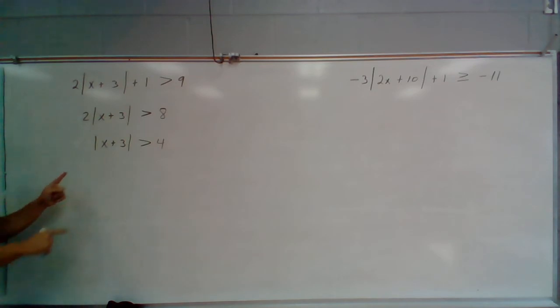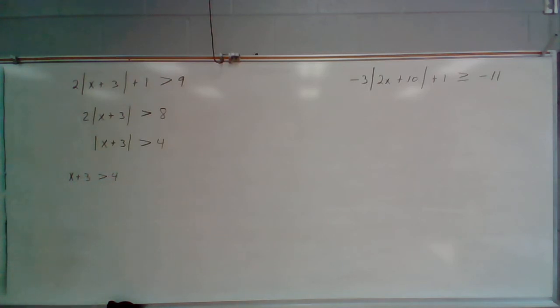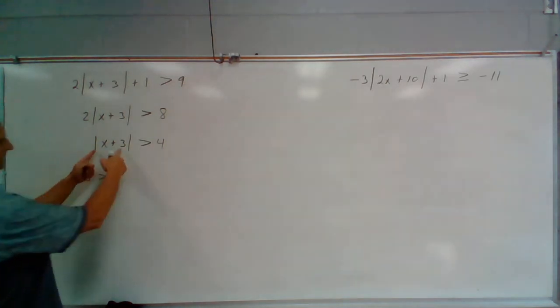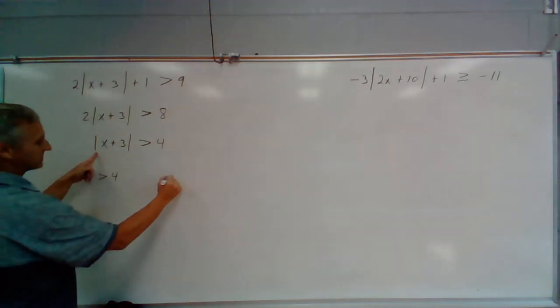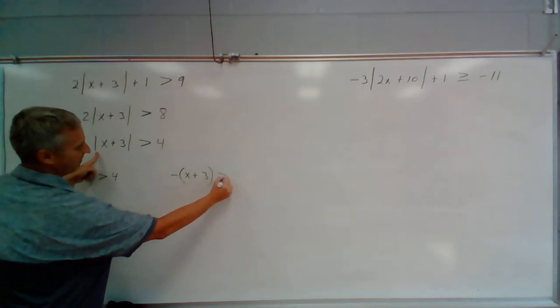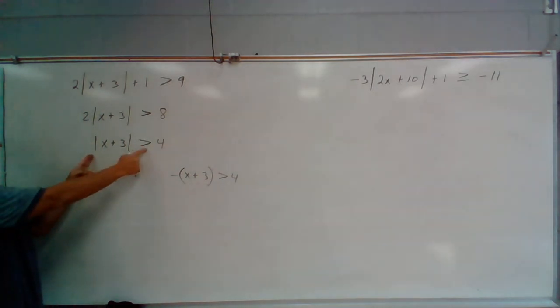All right, two possibilities. Either x plus 3 is positive, in which case it stays the same. Or the other possibility is that x plus 3 is negative, in which case we will make it the opposite. Okay, notice this is greater than.